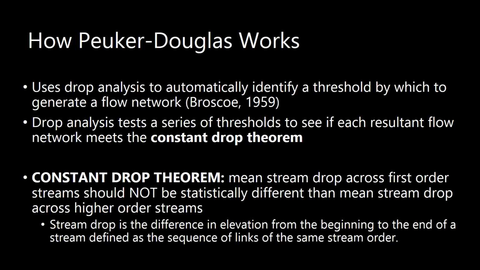Now, the constant drop theorem determines if the mean stream drop of first-order streams is significantly different than the mean stream drop of higher-order streams, and this difference is tested with a t-test. If there is a significant difference, the constant drop law is not met, and a larger threshold is chosen until the law is met, defining the initiation point of streams.